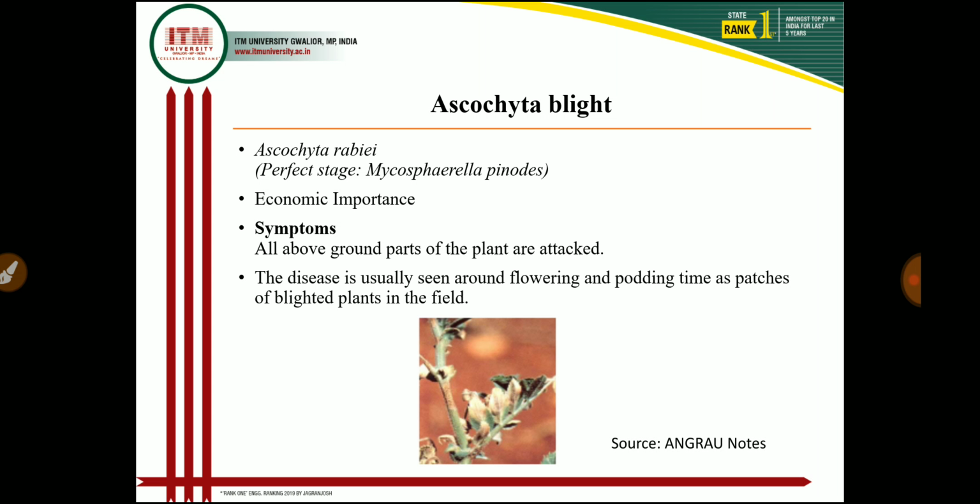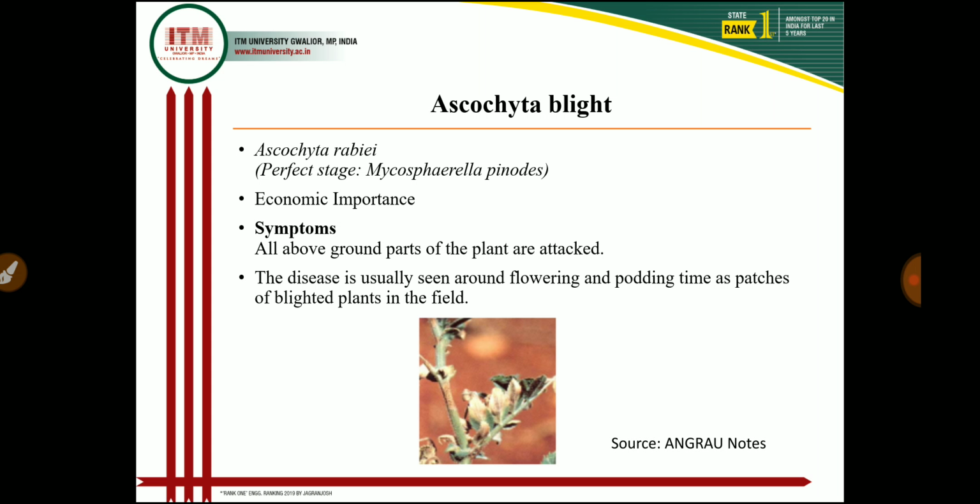In symptoms, the disease generally appears around flowering or podding time in the form of scattered dried plants. As you see in the photograph, there is a yellowing symptom present because of the Ascochyta blight, and these symptoms are present on all above-ground parts of the affected plant.